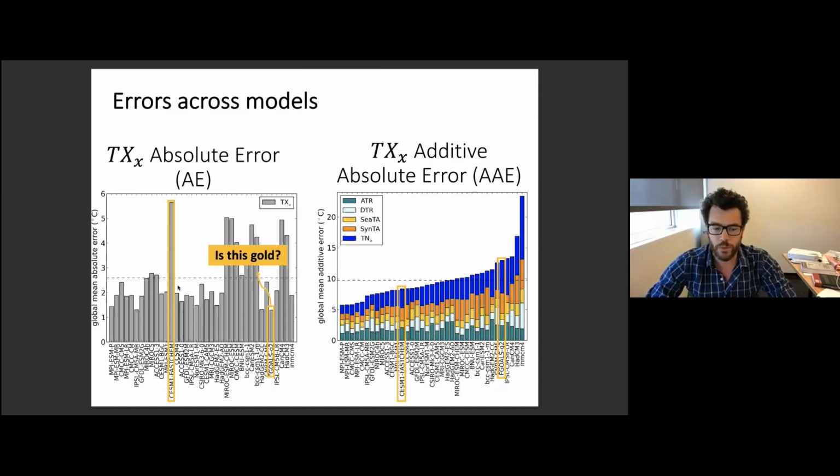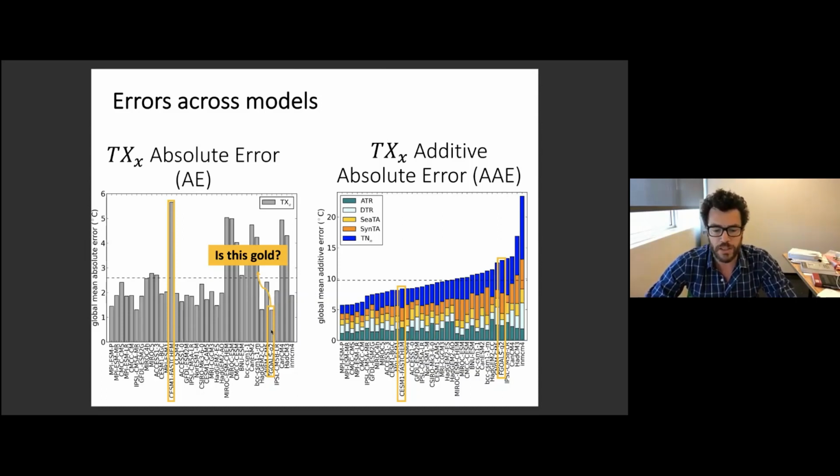What you see is, first of all, if you consider the CESM FastChem model, in terms of the additive absolute error, which in principle does not allow compensating errors, it looks like a better than average model.